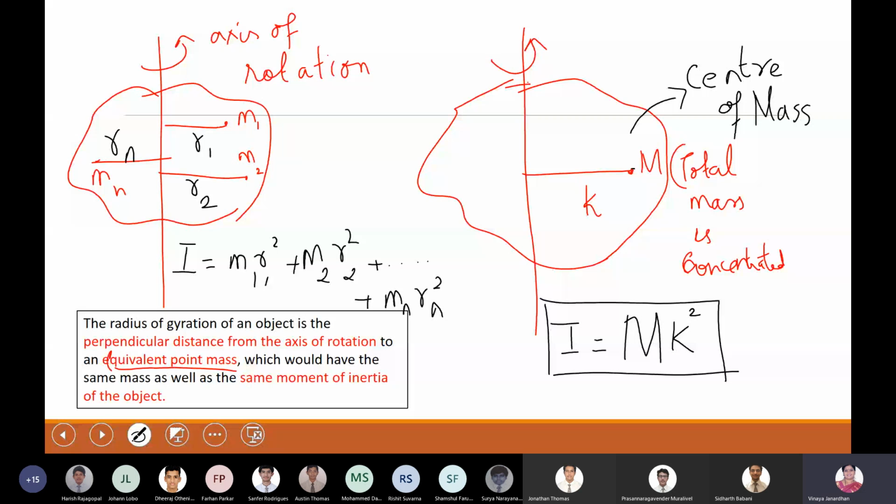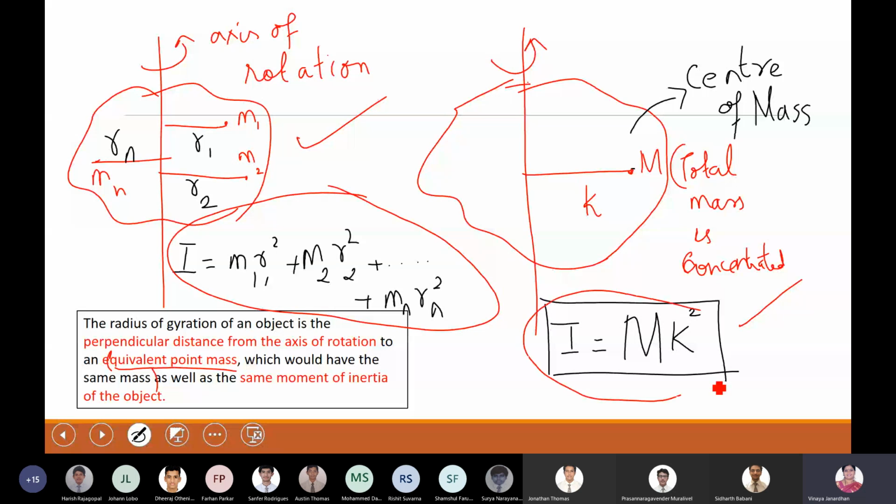Instead of equivalent mass, boys, I can write the center of mass, so that the moment of inertia is going to be the same. Boys, are you clear? So I and I should be the same, whether you calculate your I this way or the second manner, both should be the same.